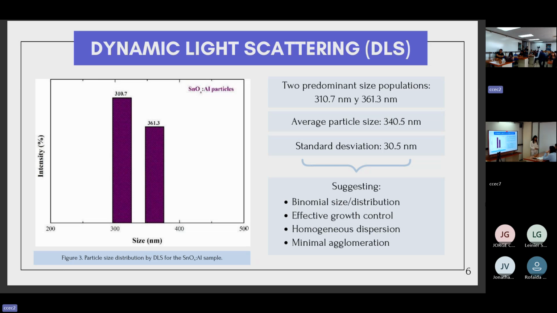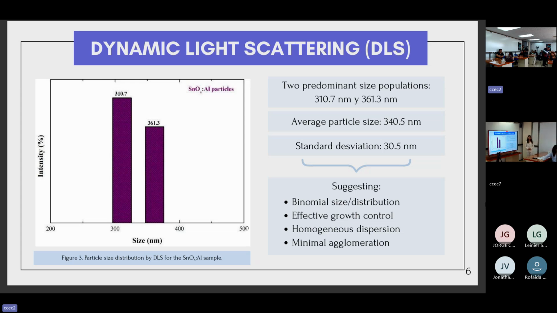So it is a future improvement in our research. No, actually, you have mentioned here minimal agglomeration, but you have said that you have done the study only once or twice, not after a long time. So agglomeration cannot be justified with just one measurement. You have to perform the stability test again and again over 1 month. But thank you so much. It was very nice. Thank you.